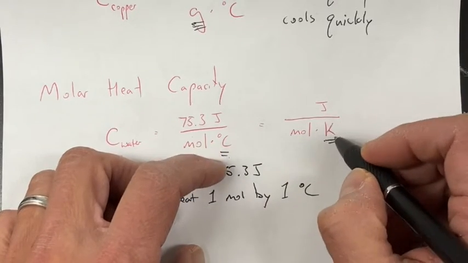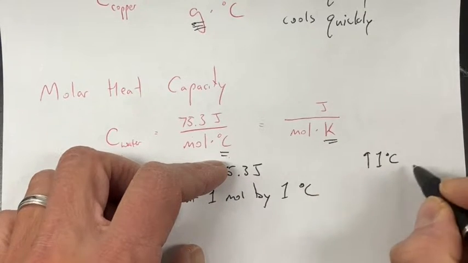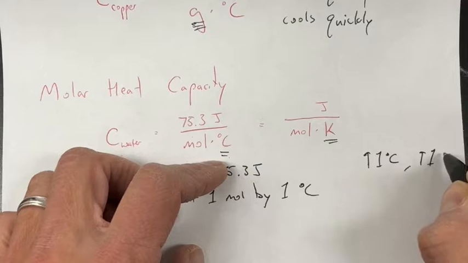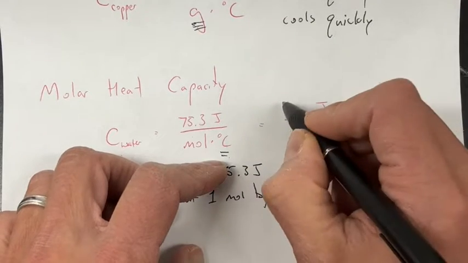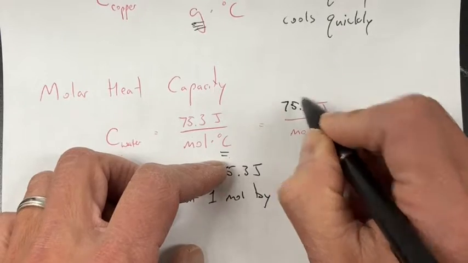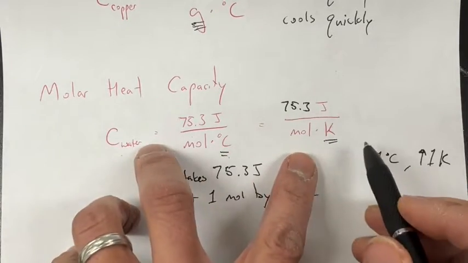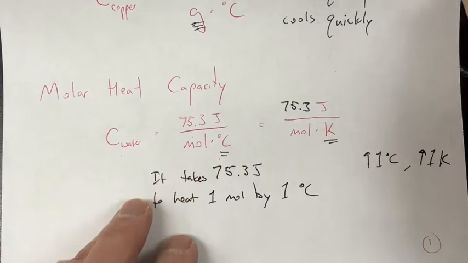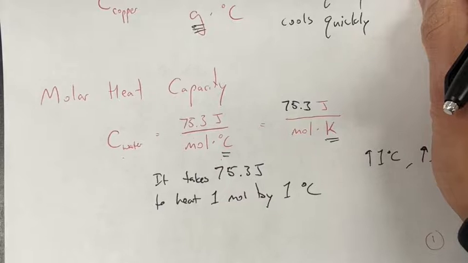So this should be the same. It doesn't matter if I go up by 1 degree Celsius or 1 Kelvin, it's going to be exactly the same. So that's something to keep in mind. If I have Kelvin or Celsius, it really doesn't matter.